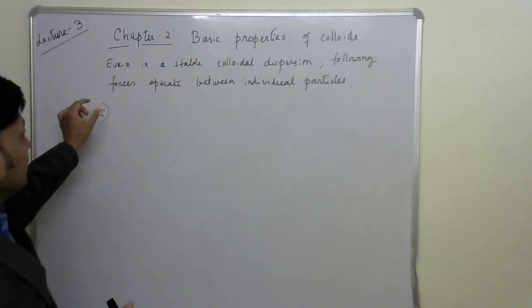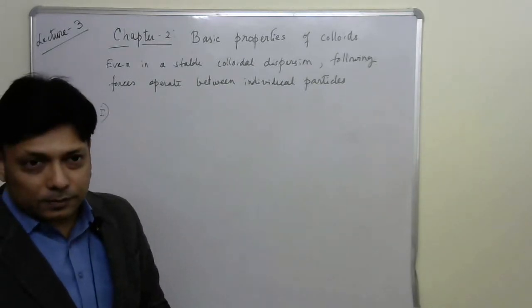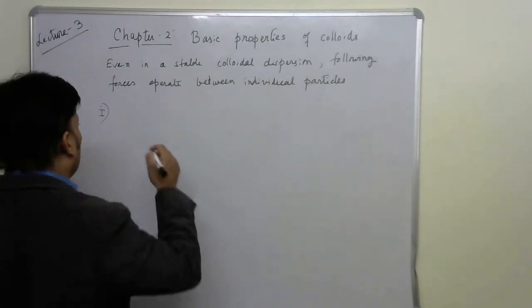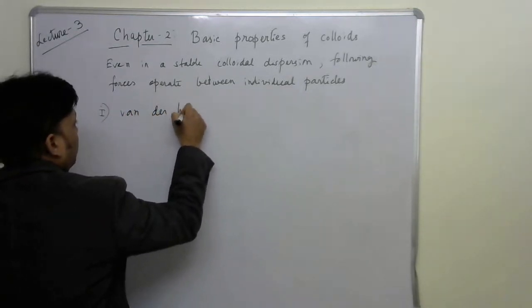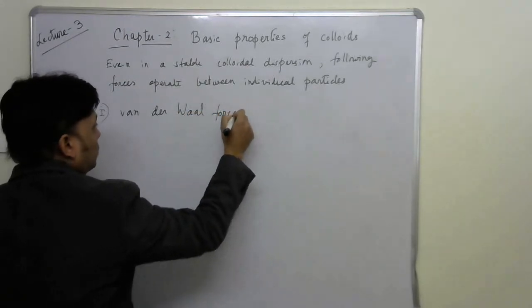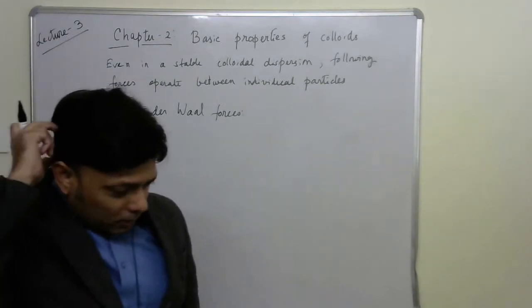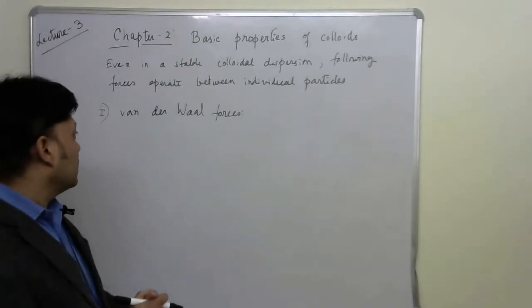But still, the following forces do operate between individual particles. First of all, let's list the first major force, and that is called the van der Waals forces. Remember I wrote it in plural, because it is not a single force but a collection of many different types of forces.